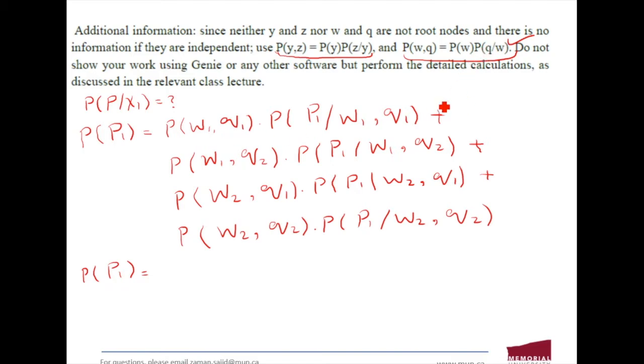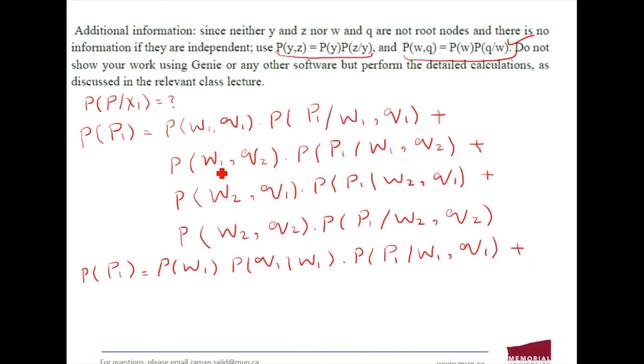According to this relationship, that turns out to be the probability of W1 multiplied by the probability of Q1 given W1, and then I have this relationship coming as such: the probability of P1 given W1 and Q1, plus.